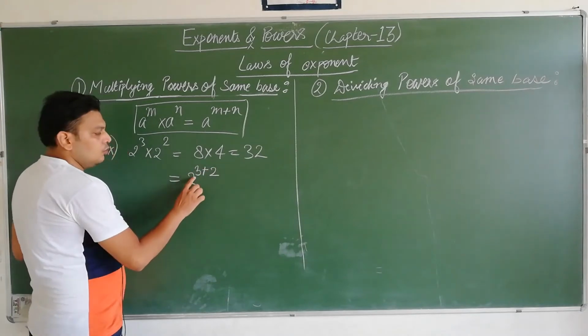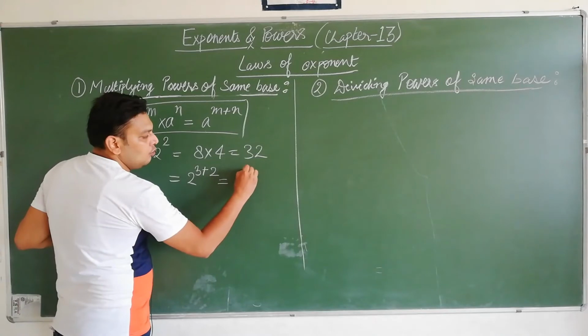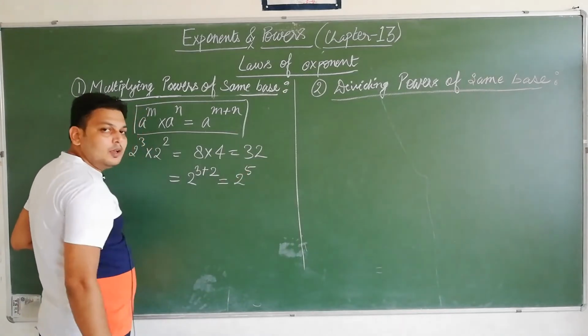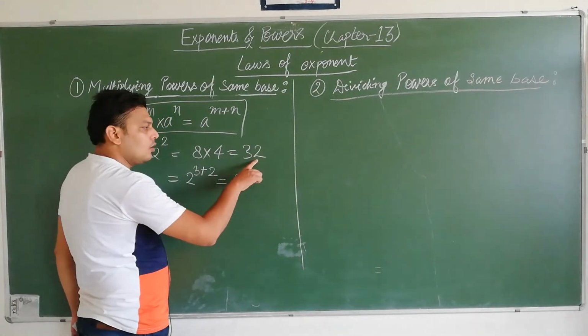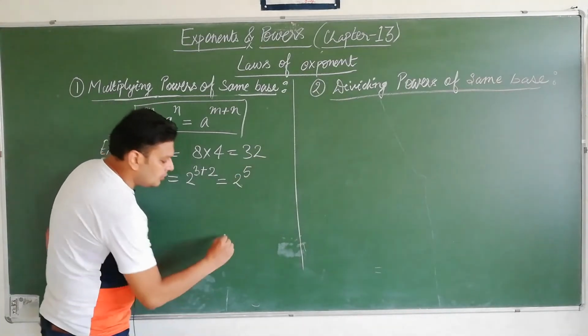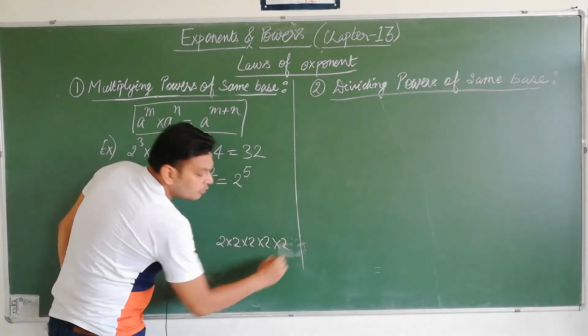So 2 to the power 3 plus 2. 3 plus 2 means 5. So the number becomes 2 to the power 5. And the value of 2 to the power 5 is also 32 because 2 into 2 into 2 into 2 into 2 is what?